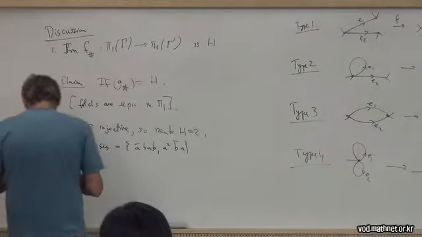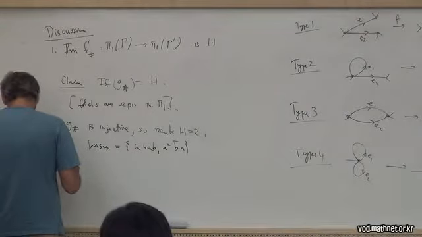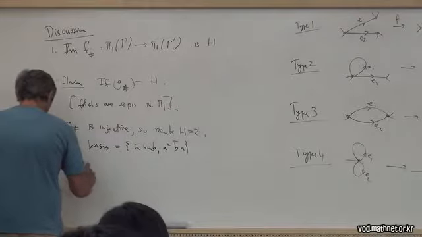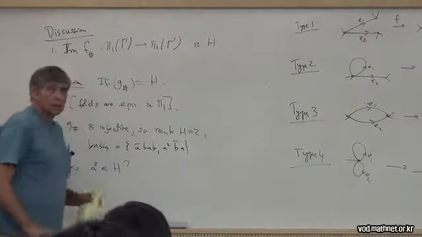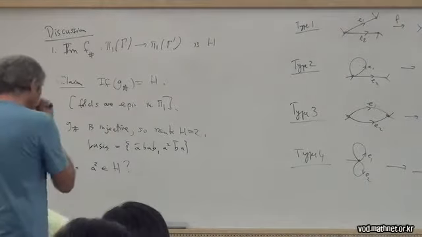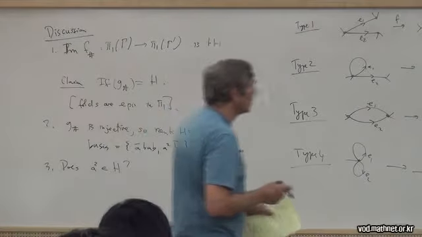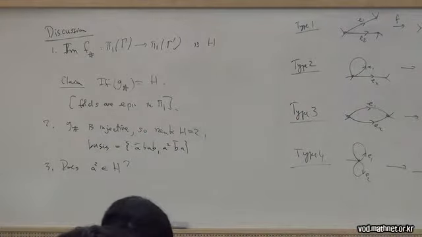Okay, so let me give you an element. Does A squared belong to H? I can write any element, but let's just say A squared. Does A squared belong to H or not?